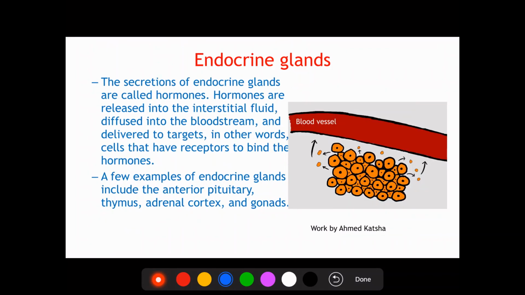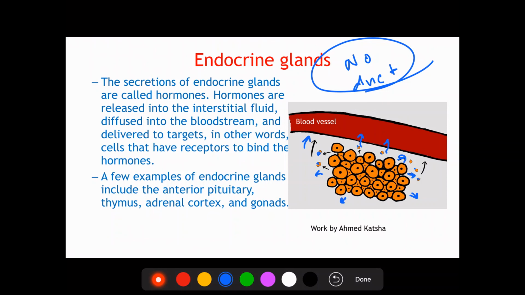For the endocrine, simply, they don't have a duct. No duct. Rather, these cells are secreting into the medium, into the extracellular fluid between them or around them. Then these secretions will be picked up by diffusion or by active transport into the blood vessels. So there is no duct to take their secretion.